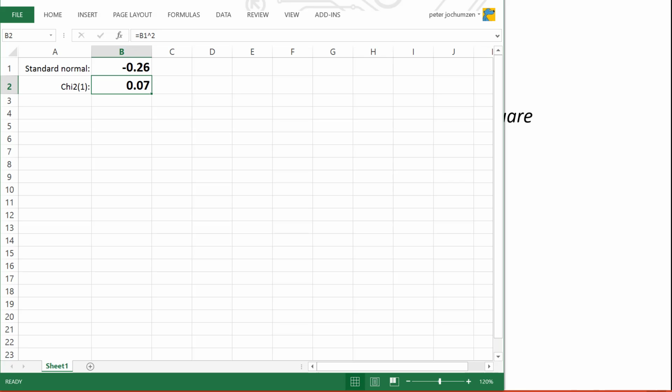What's not so easy to see is that these random numbers in cell B2 are actually drawings from a random variable with expected value 1. So if you took the average of all these numbers you see in B2, then it will eventually converge to 1 if you do this enough times.